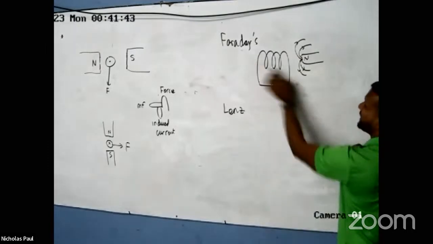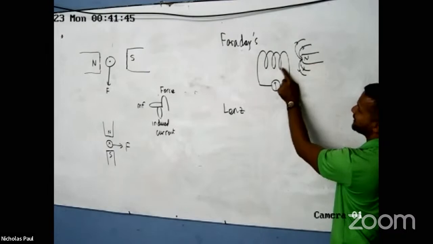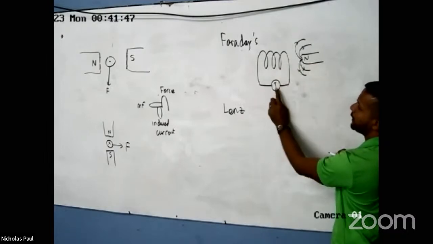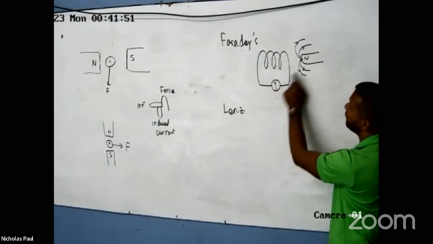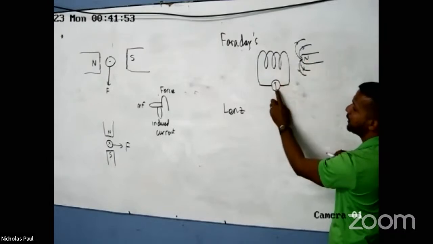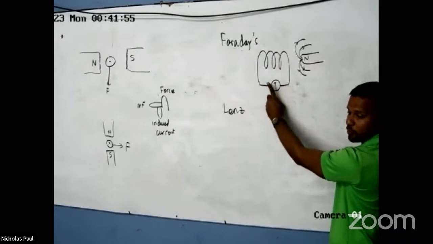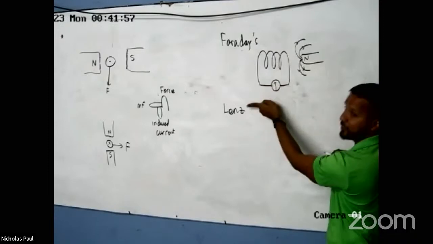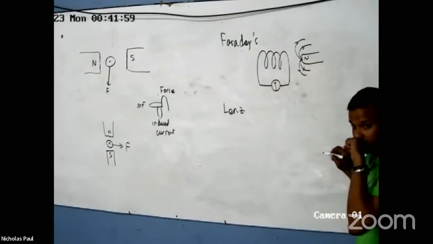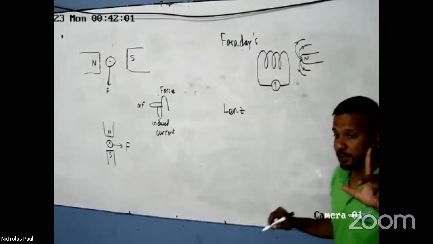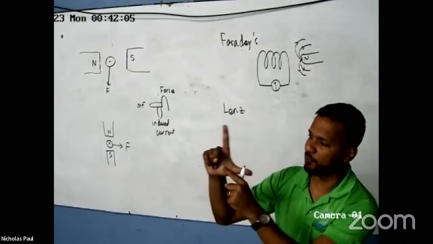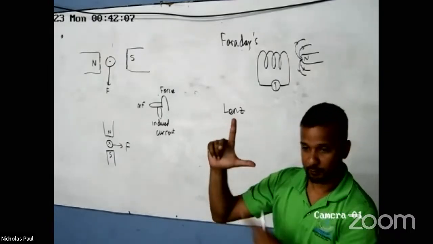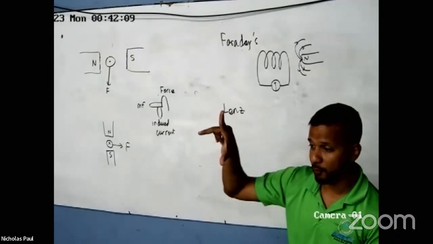Faraday said that the faster you move this magnet in and out, the greater is the EMF. So the galvanometer will give you a larger reading the faster you move it. It's the same principle: you're moving something in a magnetic field and you'll get a current.